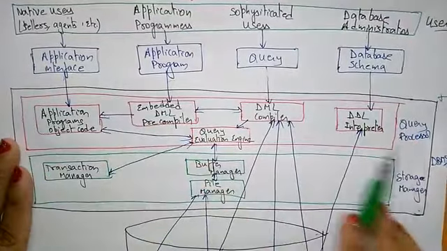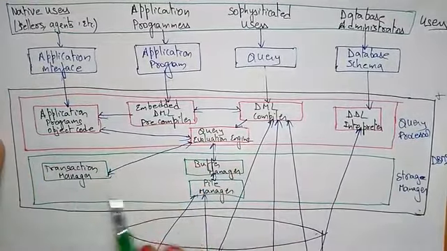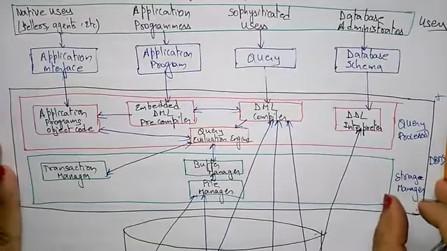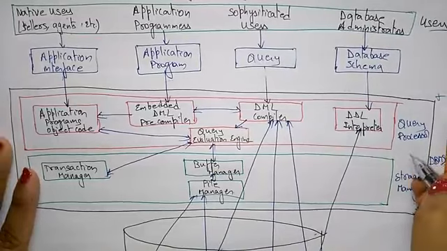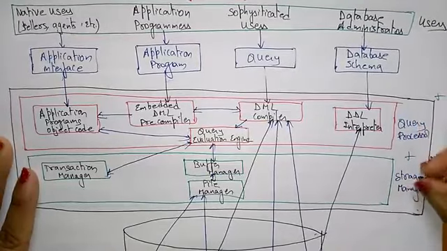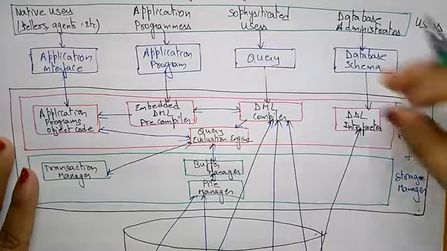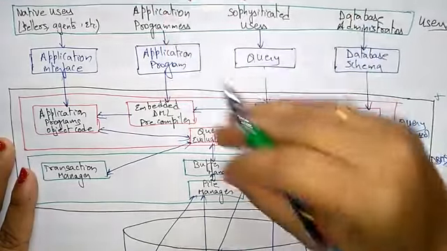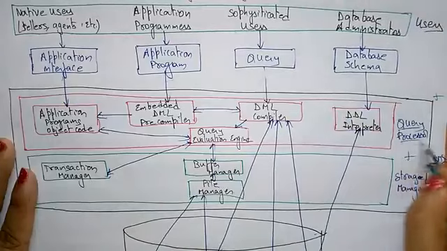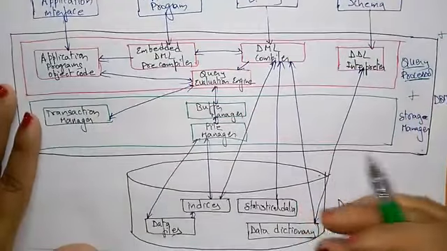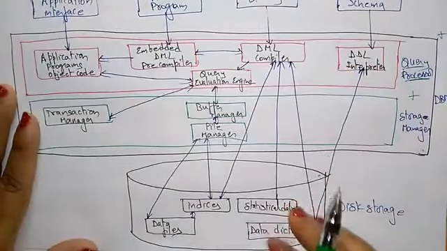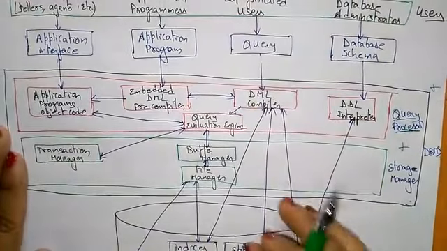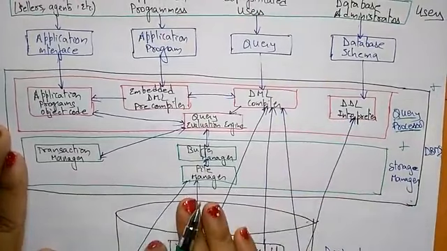Now coming to the database management system software. What will be there inside this software? The database management system is divided into the query processor plus the storage manager. It takes the information the users are asking for and converts it for the query processor, because the database can only understand the query processing language.